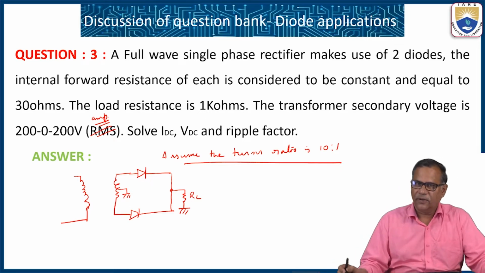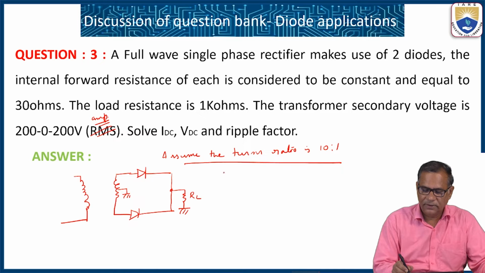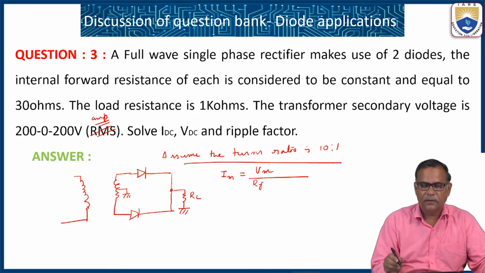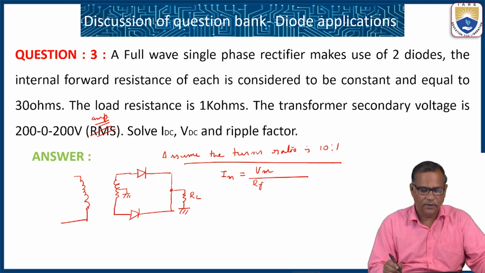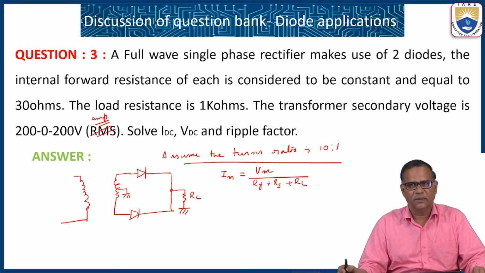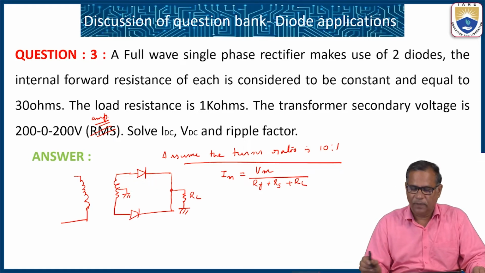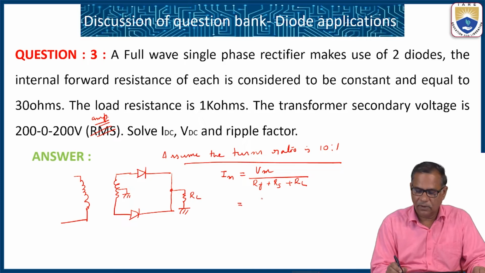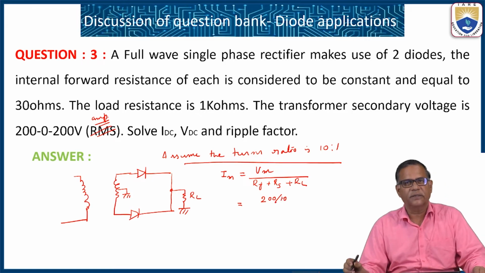So first let us calculate the Im value. So Im is equal to Vm divided by RF, that is the forward resistance of the diode, plus RS, the transformer coil resistance, plus RL. We also assume that the secondary coil transformer resistance is negligible, so we replace it by 0. So this is equal to 200 divided by 10, because the transformer turns ratio is 10.